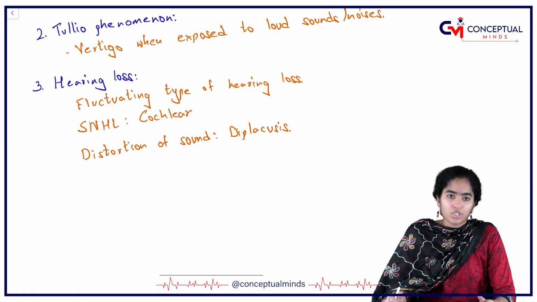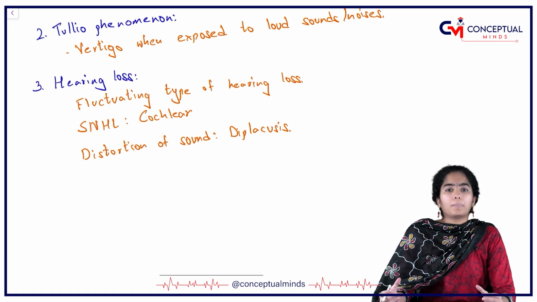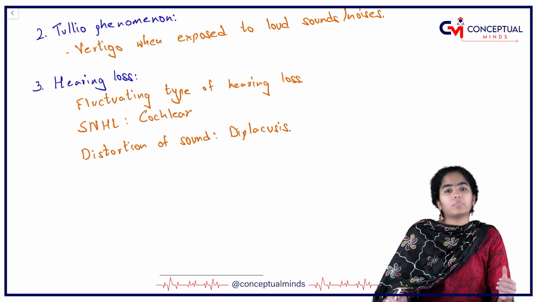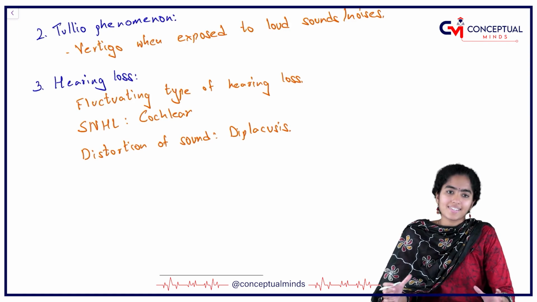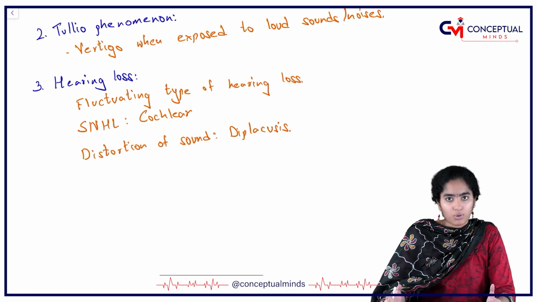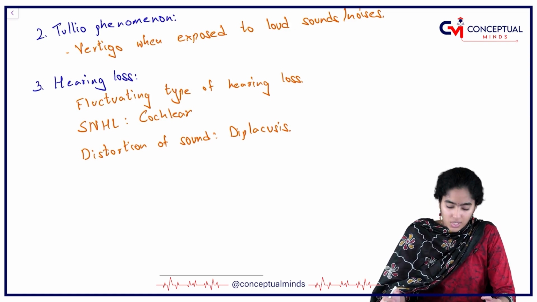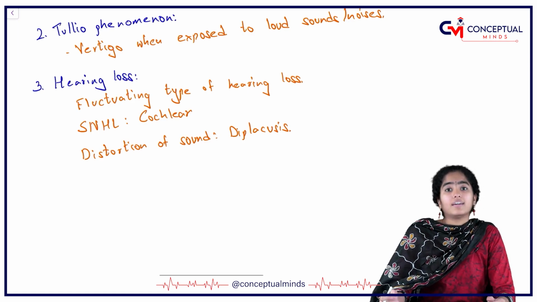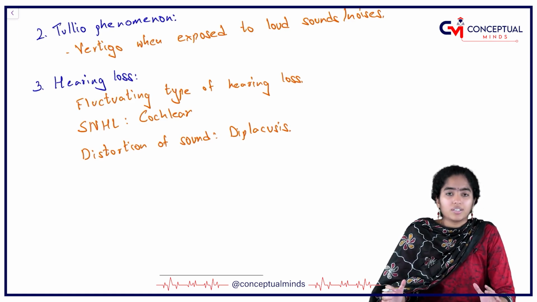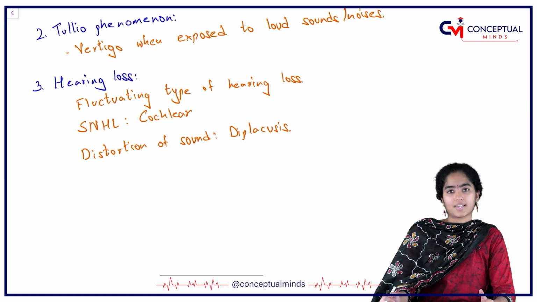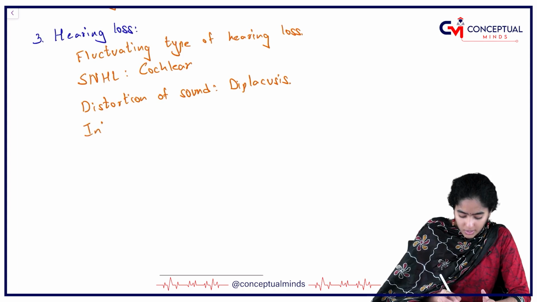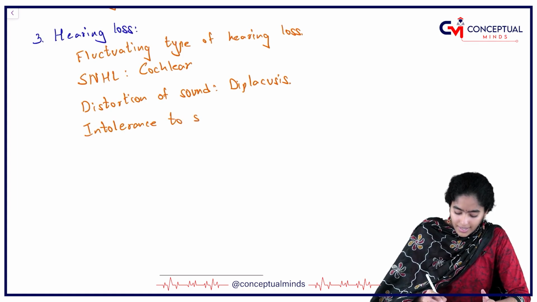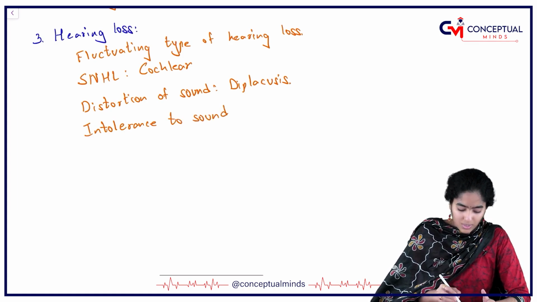Now, why distortion of sound occurs is because a particular sound may appear normal in one ear and in another ear it could appear high-pitched, and this disturbance will lead to distortion of sound, also called as diplacusis. And even when such patient is hearing music, it's all discordant and disturbed, which could be bothersome for the patient. And also, there is intolerance to loud sounds. Why is there intolerance to loud sounds?